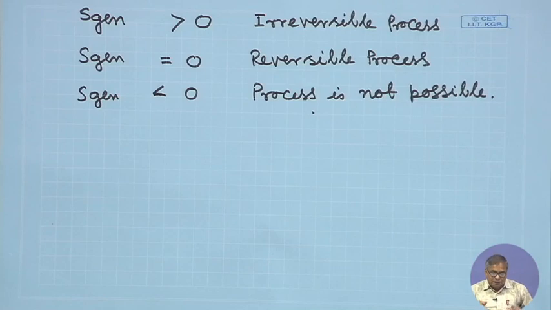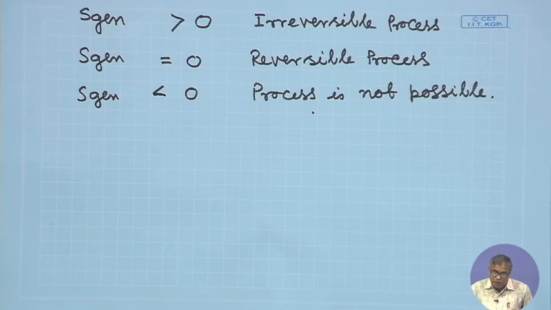So, as I have told, S gen, which I have already introduced, is a non-negative quantity. S gen greater than 0, positive value, is an irreversible process.